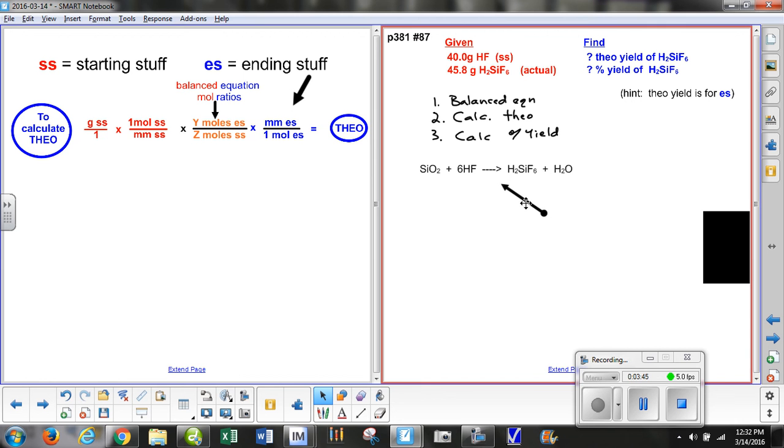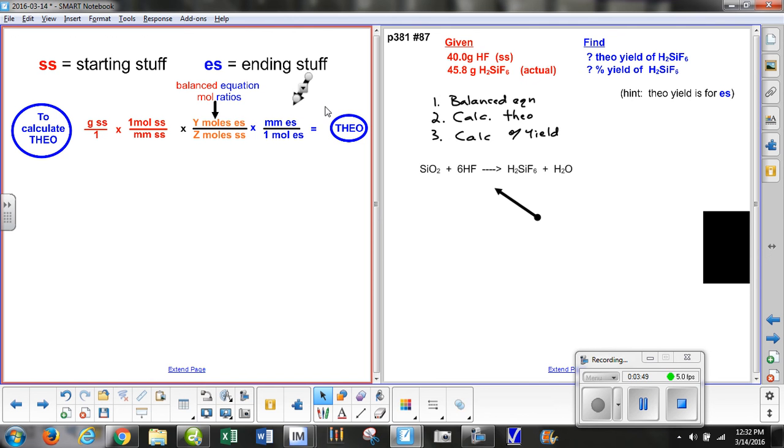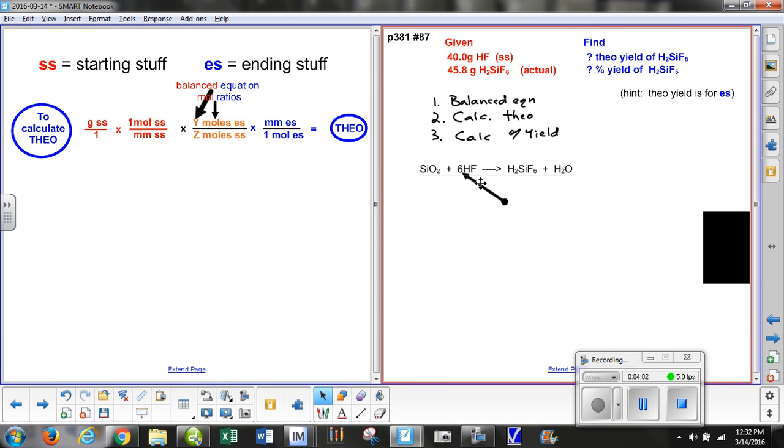So now we're trying to change moles of the starting stuff, which in this case is the HF. So starting stuff is Y. And the HF is sitting right here with a coefficient of 6. So Y would become 6 moles of the starting stuff. Oh, ending stuff, I'm sorry.